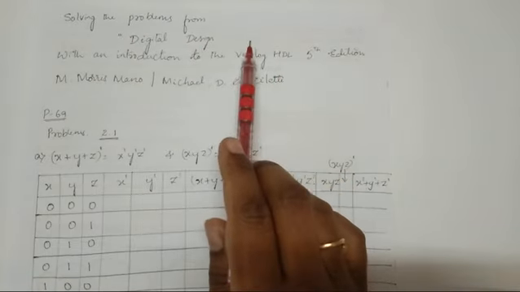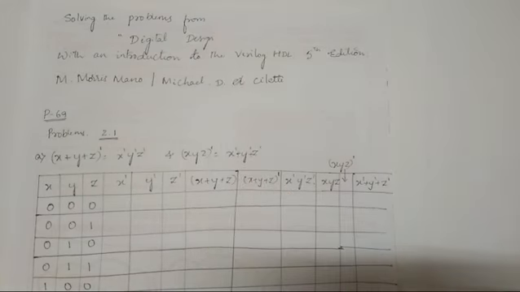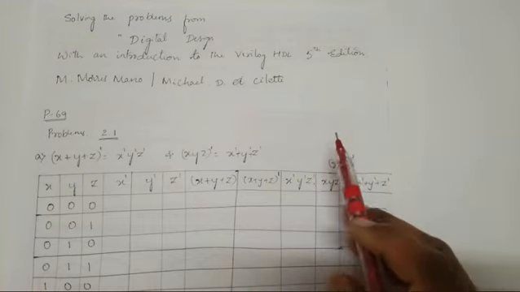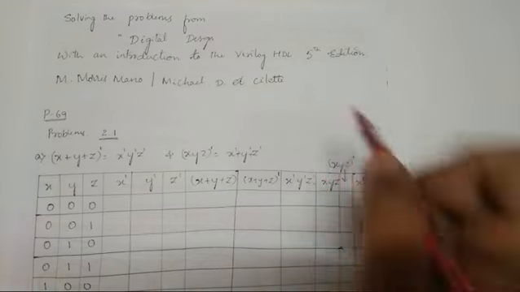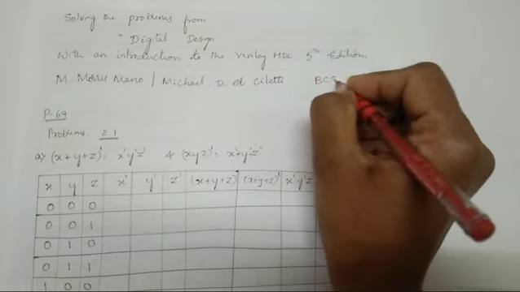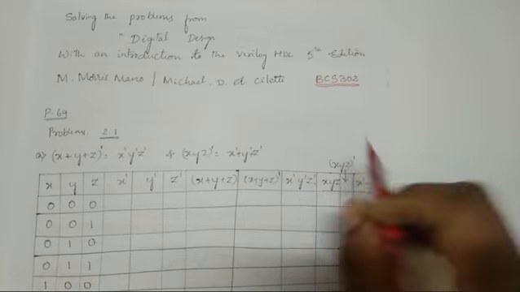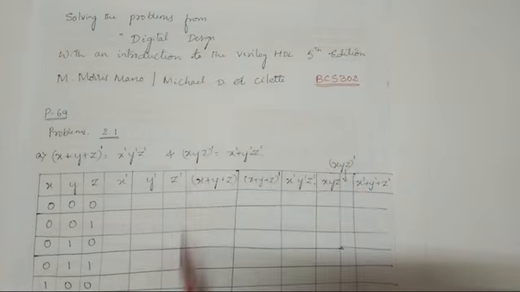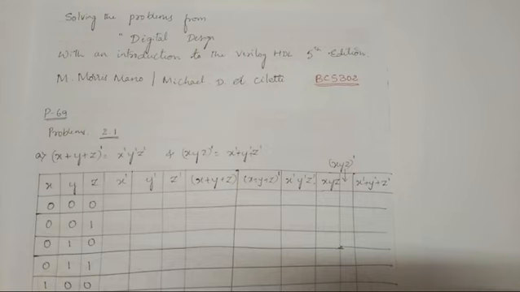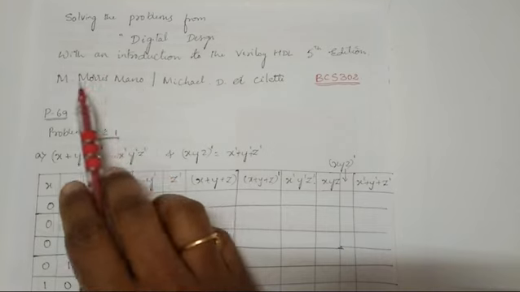These problems are part of the VTU syllabus, VTU 2022 scheme. In this scheme, the subject BCS302 has these topics, so I have made a different playlist for the solutions of these problems.